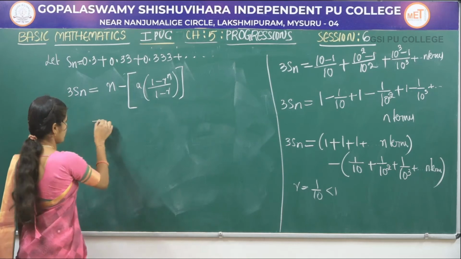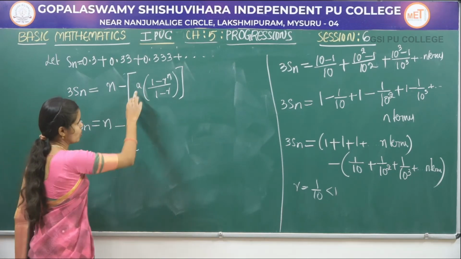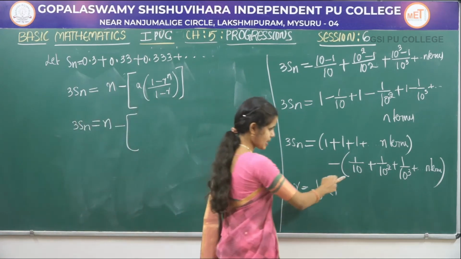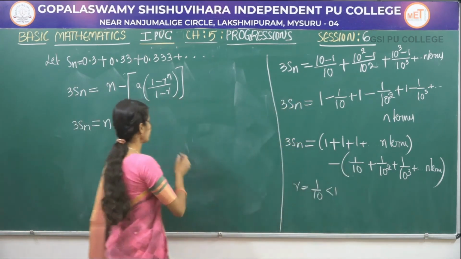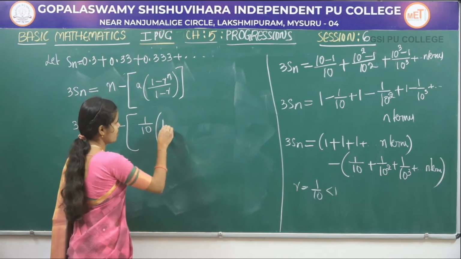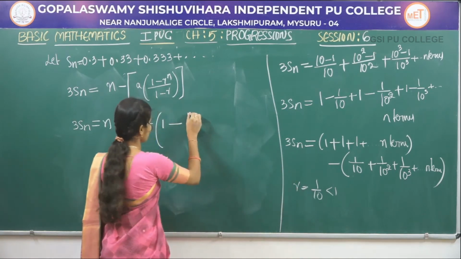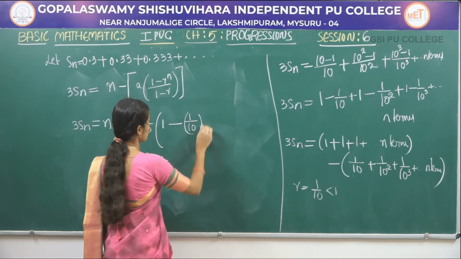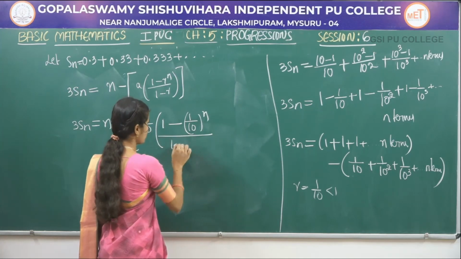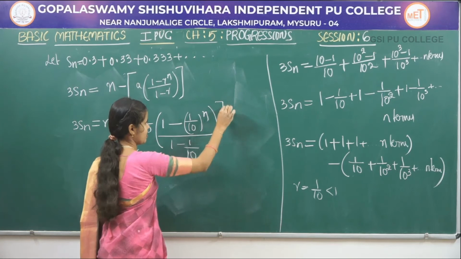Okay. So 3Sn is equal to n minus. Here, in this series A means 1 by 10, 1 by 10 into 1 minus R to the power of n, R is also 1 by 10, so 1 by 10 to the power of n, divided by 1 minus R, R means 1 by 10.